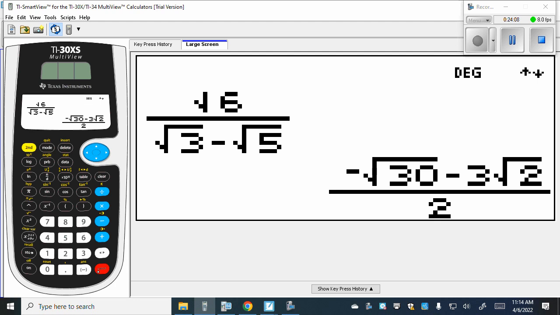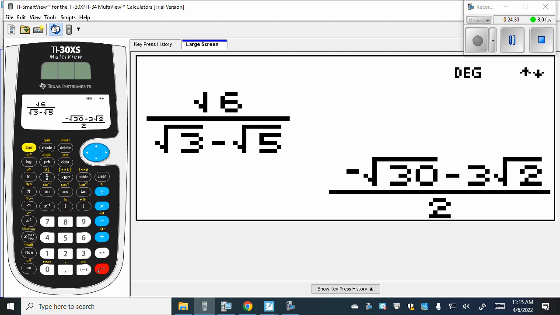Yes, but they moved the negative up to the numerator because the one that we started with the negative 2 on bottom had the square root of 30 and 3 square root of 2 as both being positive, yes? Yes. Now, most of the time, just standard operations, we don't like leaving negatives in the bottom of the fraction if we can avoid it, so they'll move it and apply it to the numerator.